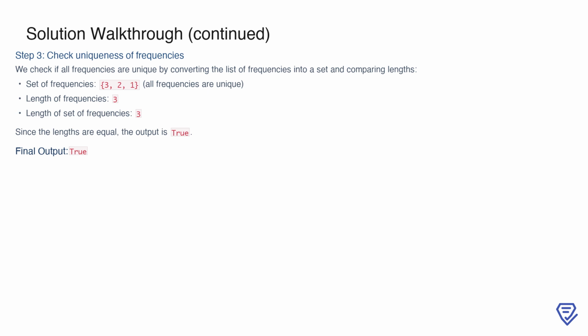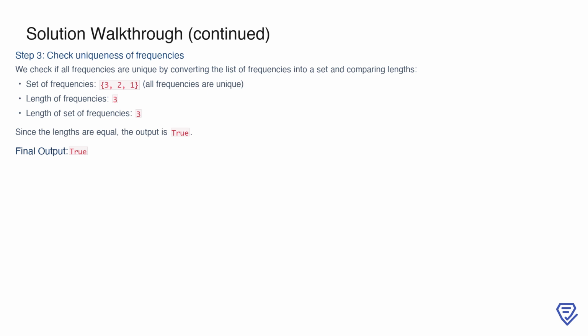The set of frequencies for this example is 3, 2, 1. By comparing the length of the original list of frequencies, which is 3, to the length of the set, which is also 3, we can confirm that all frequencies are unique because the lengths match. Since there are no repeated frequencies, the result for this input is true, meaning it satisfies the condition of having unique occurrences.